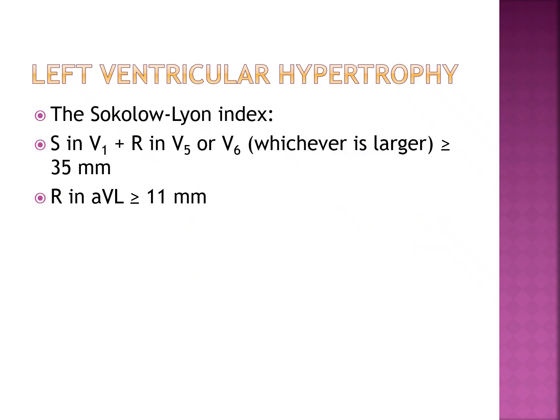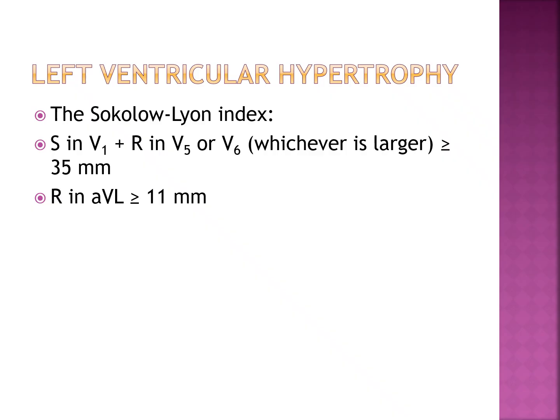So there's a way of calculating this, and it's the Sokolow-Lyon index. It sounds complicated, but it really isn't. You look at the S in V1 and you add that to the R in V5 or V6, whichever one is larger, and if you come up with greater than 35 millimeters, then you have a left ventricular hypertrophy.